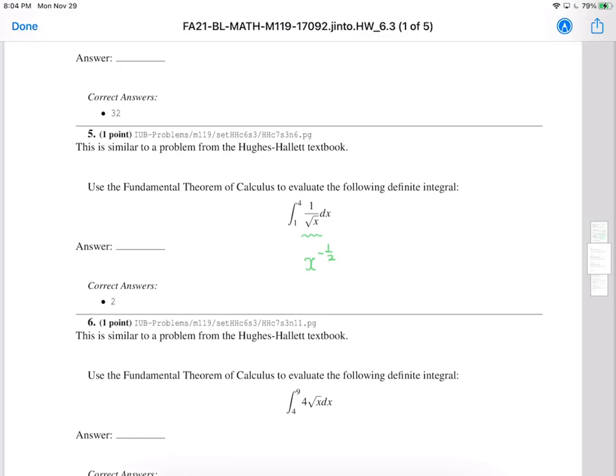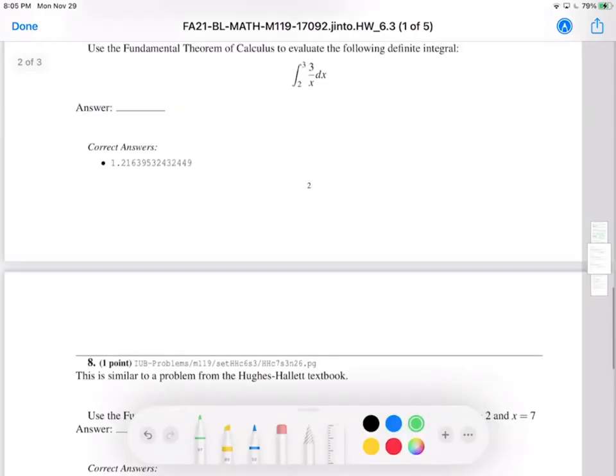So the antiderivative, by the power rule, increases the power by 1 and divides by the new power, from 1 to 4.